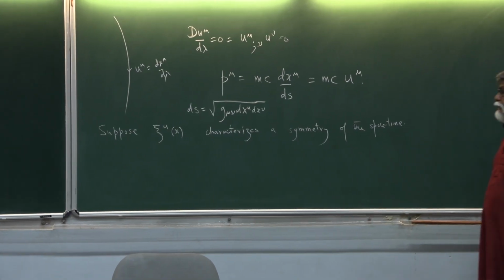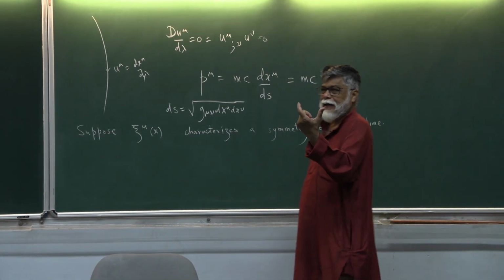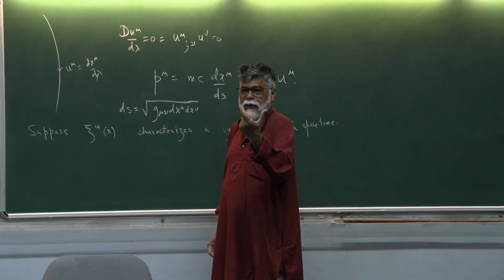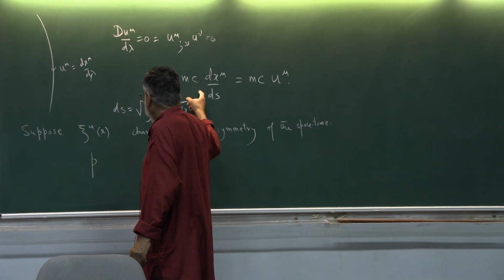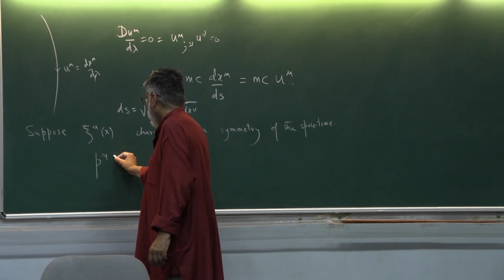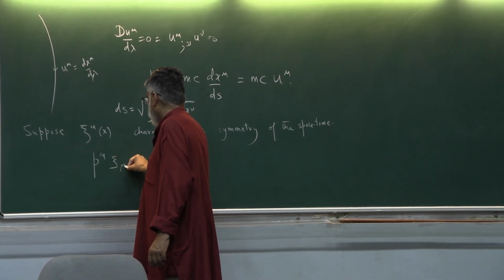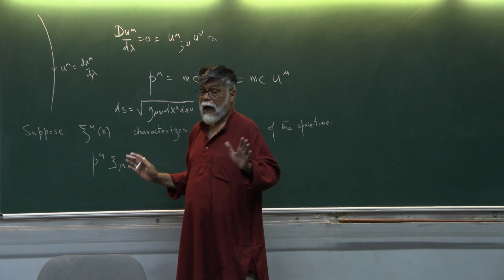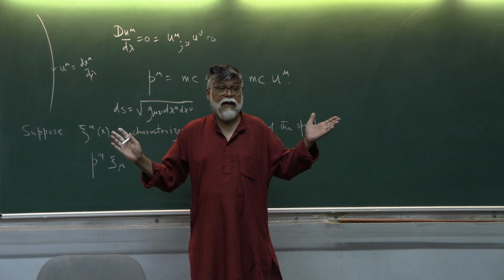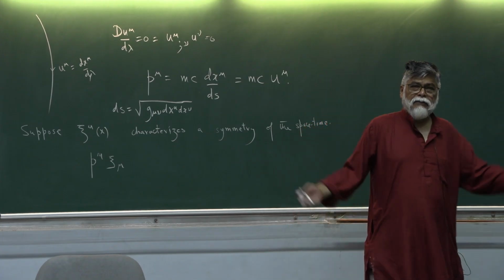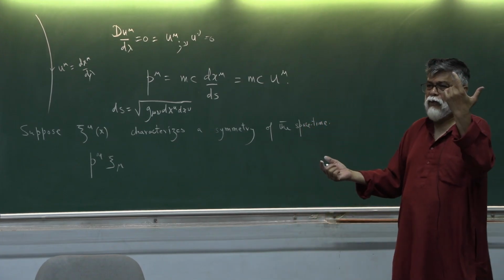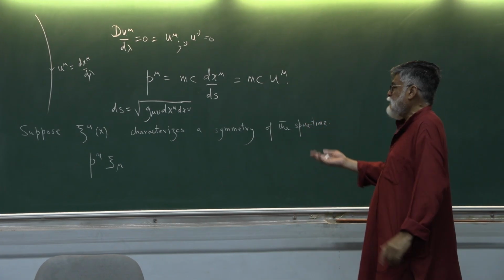Now consider the following scalar. What is the scalar we are interested in? Take the 4-momentum p^μ and contract it with ξ_μ. So I am giving you a space-time where there is a symmetry characterized by the Killing vector ξ^μ. ξ^μ is a vector field, and the 4-momentum p^μ is a vector.